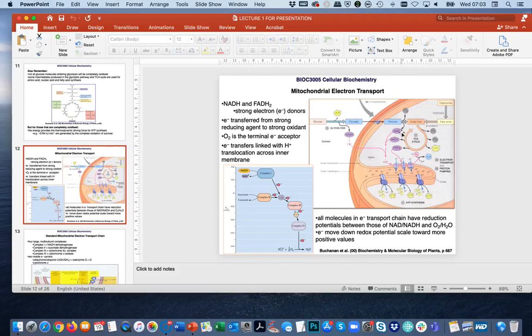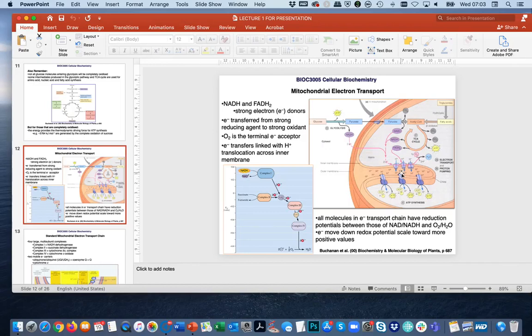of the TCA cycle, ATP or GTP equivalents, and NADH, FADH2, and the NAD that's produced through glycolysis in the cytoplasm can then enter oxidative phosphorylation, can enter the electron transport chain of the mitochondria, and that can lead to the production of the proton motive force, which drives the production of ATP synthesis.